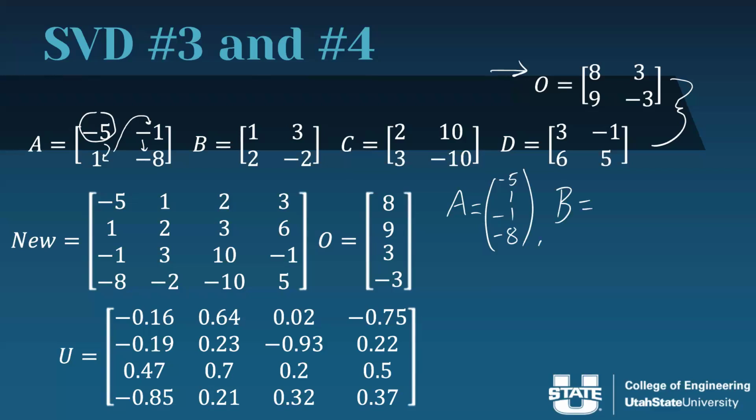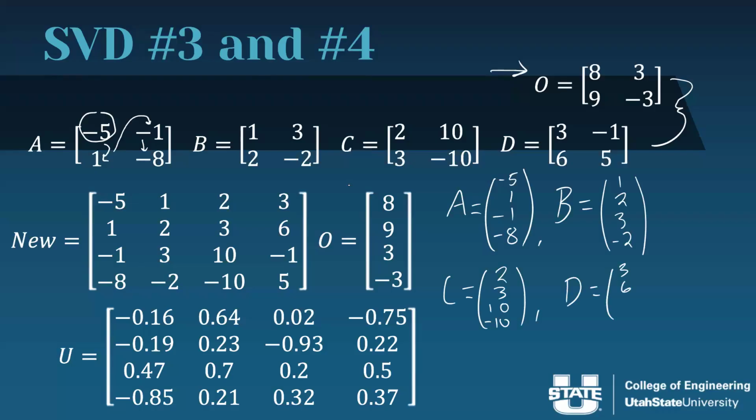B is 1, 2, 3, -2. C is 2, 3, 10, -10. And D is 3, 6, -1, 5. Additionally, we want to do it to O because we want to see how they compare. So O would be 8, 9, 3, -3. Any questions about how we did that?